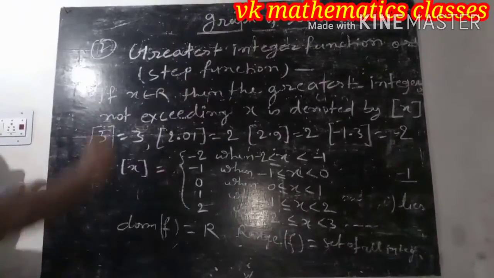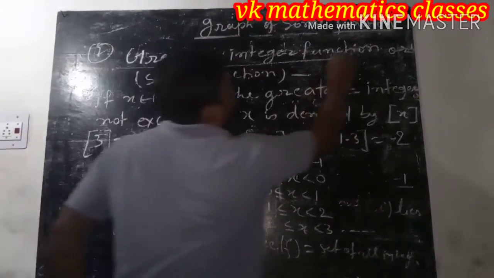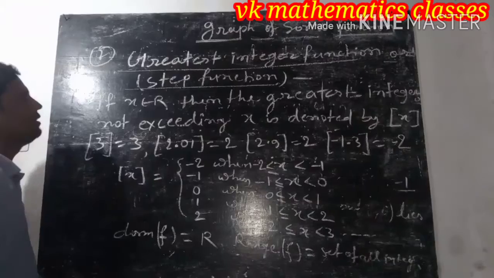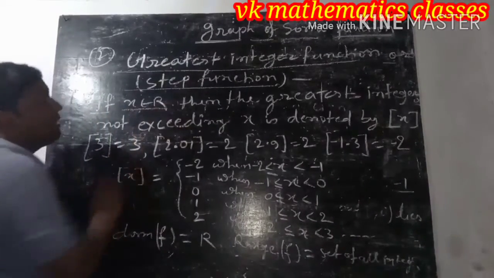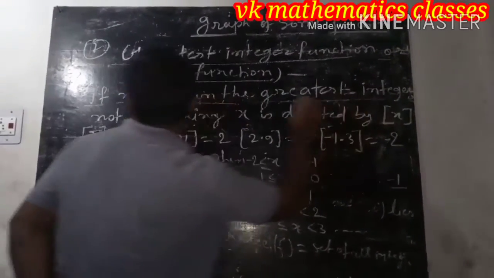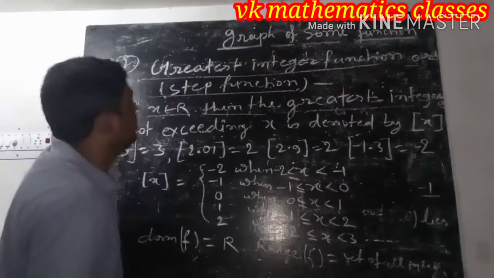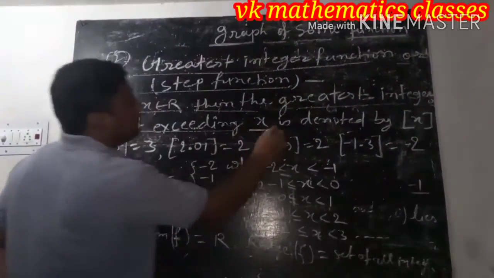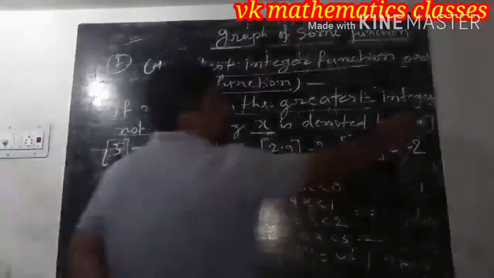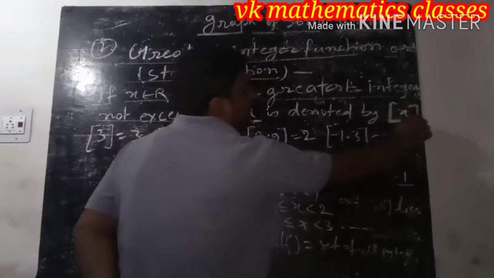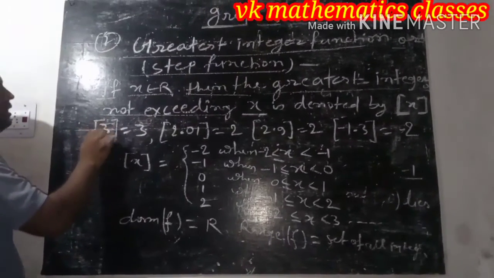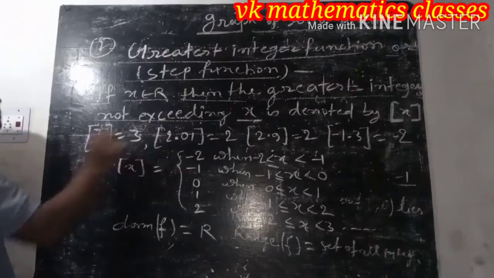The next graph we are discussing is the greatest integer function, or step function. The greatest integer function is defined as follows: if x belongs to R, a real valued function, then the greatest integer not exceeding x is denoted by this notation. Suppose the greatest integer of 3 is equal to 3.